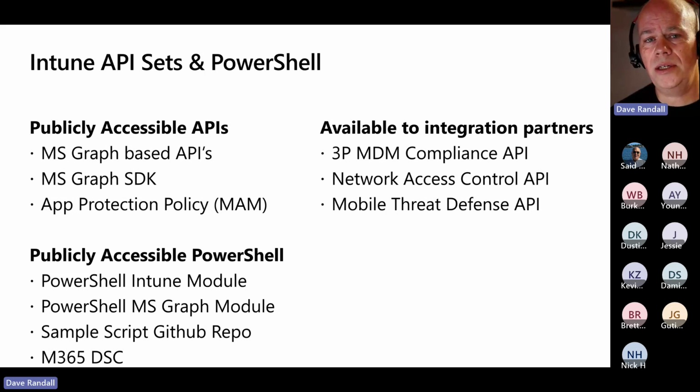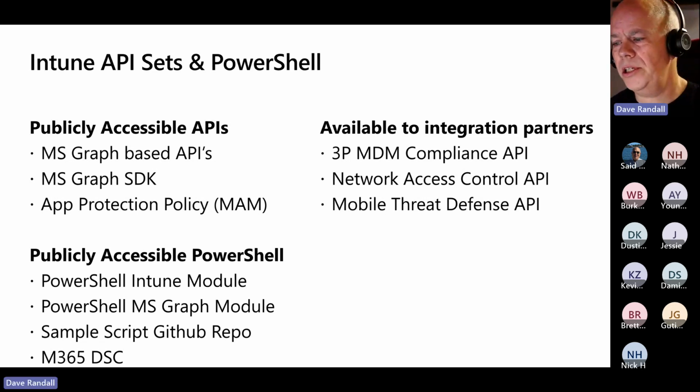And so DSC can alert you when there's a change in a configuration. For example, maybe you have a connector in Intune and somebody has changed a property on that connector, it would alert you to it. And you can also do things like transfer configuration settings from one tenant to another using DSC. So I'll again provide a pointer to the Microsoft 365 DSC.